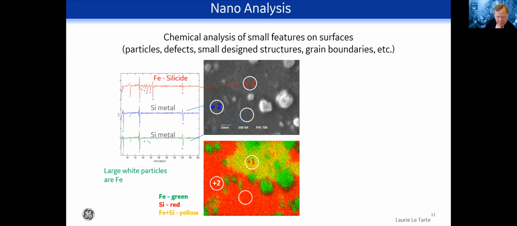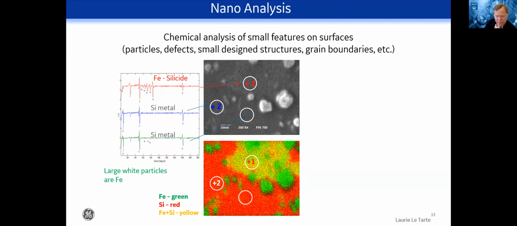So when we map out the distribution of the chemical composition, in green we're seeing the iron particles. In red, we're seeing the substrate, the silicon. And in yellow, it's very clear that we have the iron silicide.